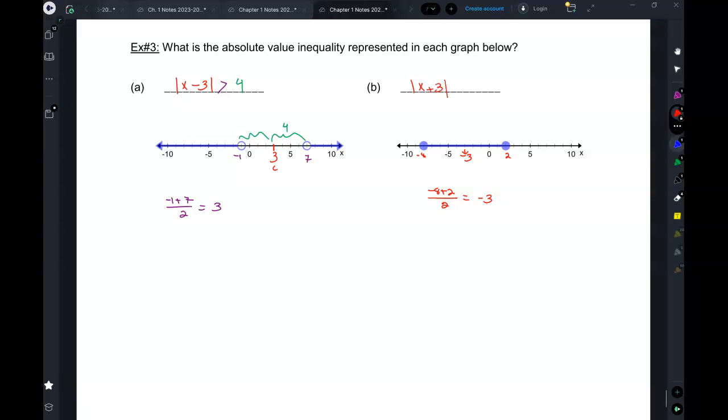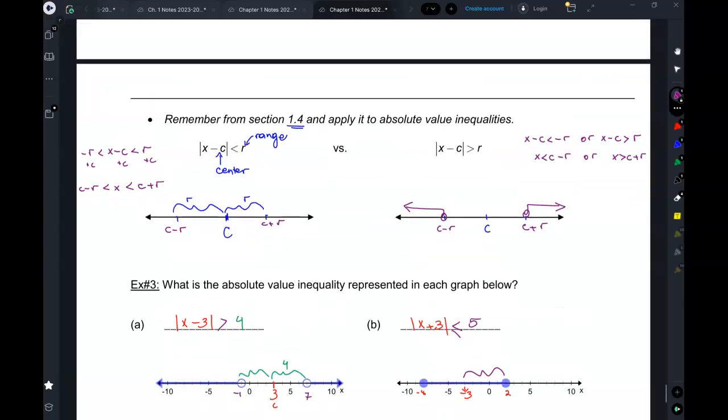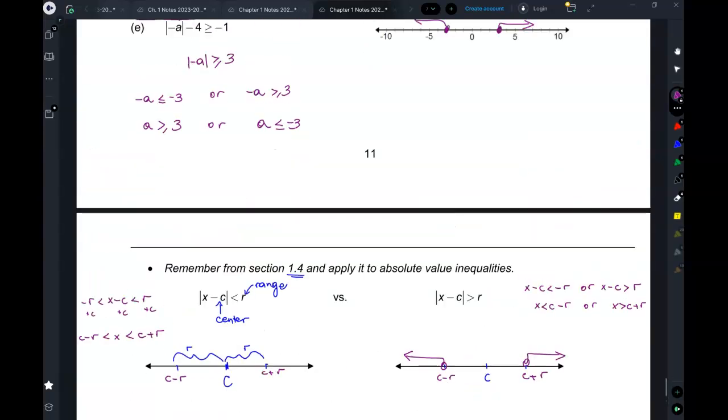Is this an and or or? And. So this way, less than or equal to how much? How big is this? 5. Do you have to write negative 3 below there? No. Okay.